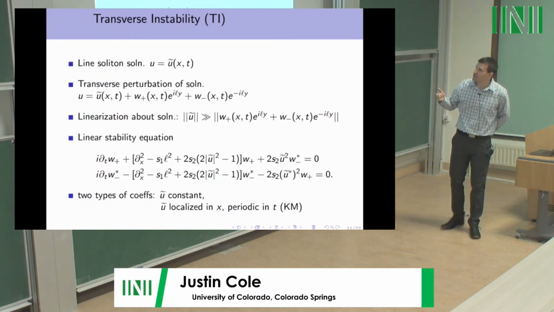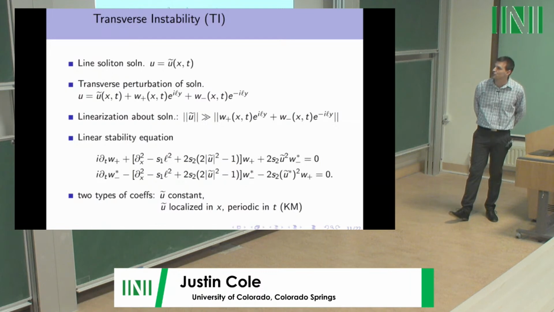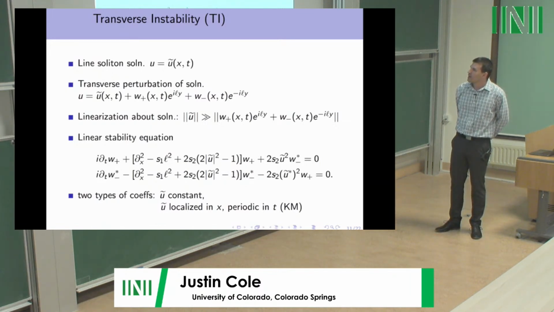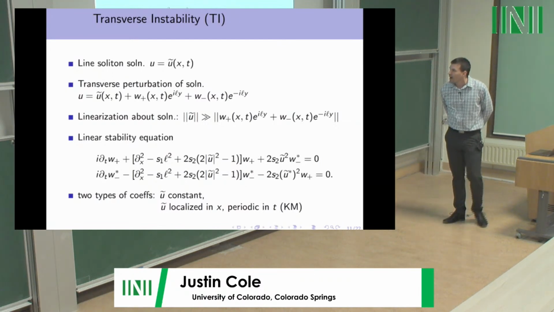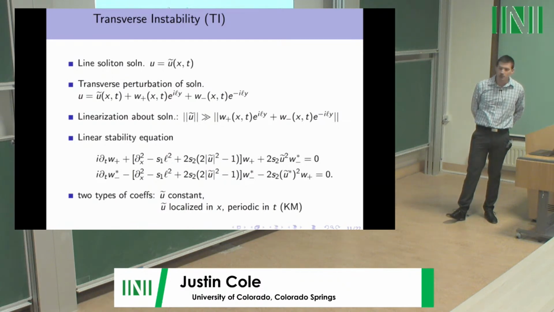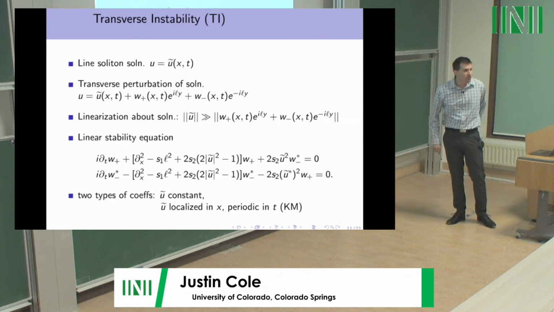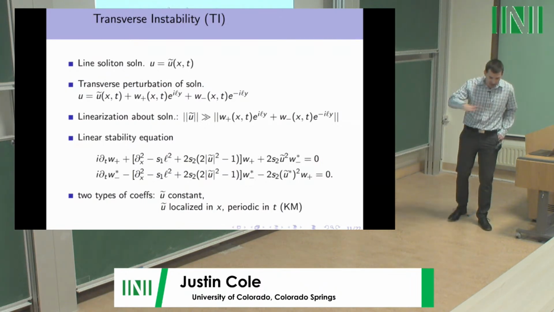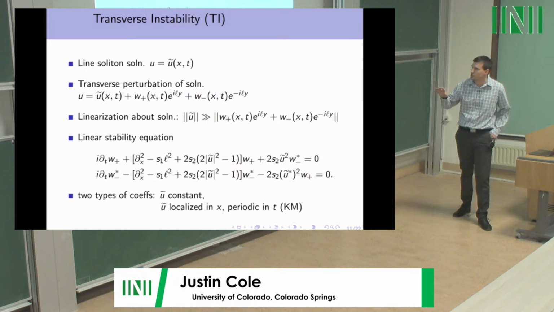So doing the standard linearization procedure, I linearize about the solution, and I get a linear set of equations which describe the evolution of the perturbation, W plus and W minus. They are parameterized in terms of L, the transverse wave number, and they notably have coefficients which are the original solution, U tilde. Okay? So there are two types of coefficients that we want to study. The first is the constant case, that is the background of 1, the periodic traveling wave solution.